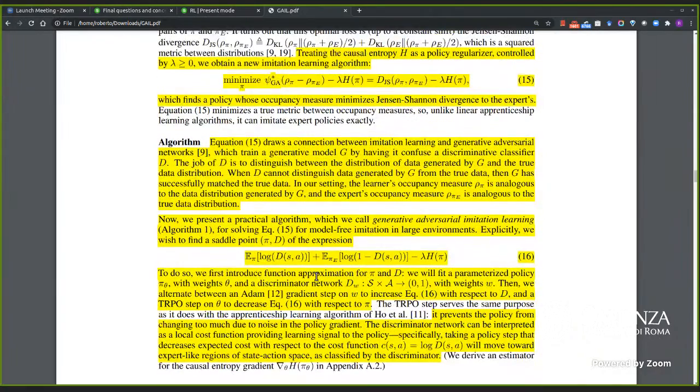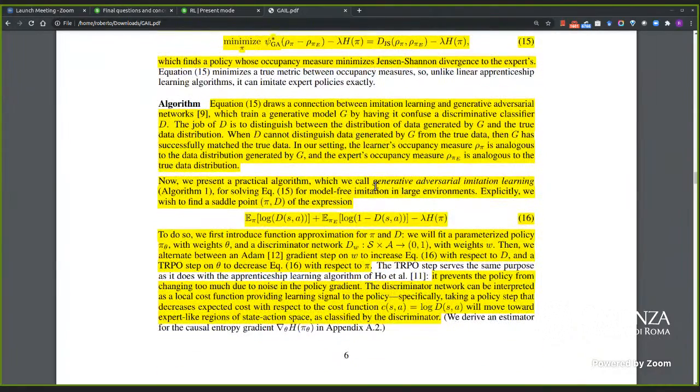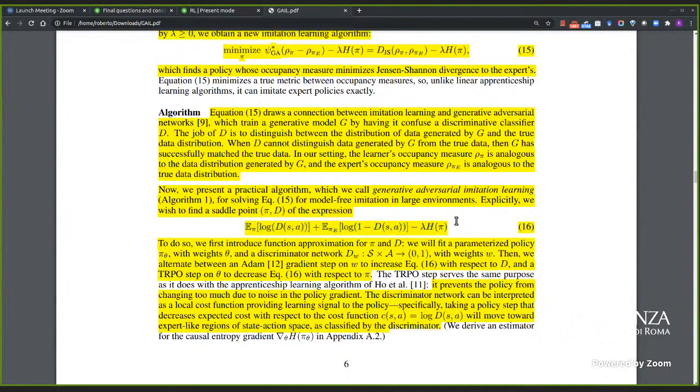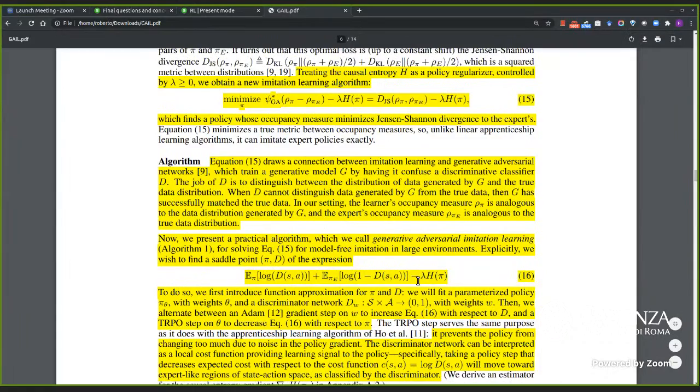We now present a practical algorithm, which we call generative adversarial imitation learning, for solving equation 15 for model-free imitation in large environments. Explicitly, we wish to find a saddle point in pi and D of this expression, which is the formula that we have seen before, with the addition of the entropy.